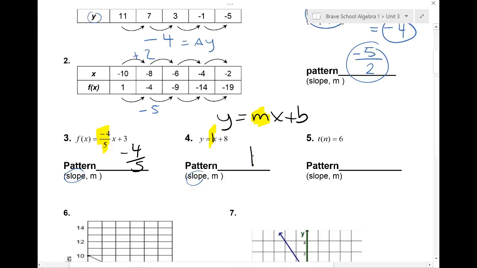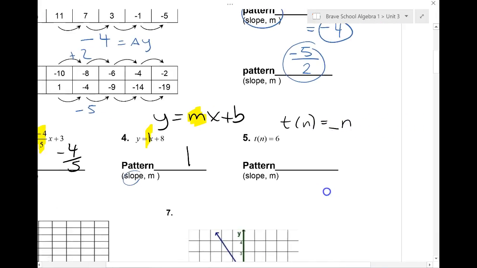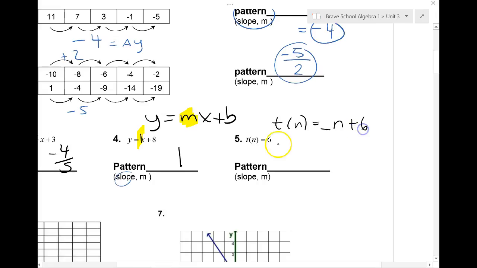Okay, now the next one, what you'll notice is that there's no variable on the right side of the equal sign, because usually it's t of n equals some number times n plus 6, but there's no number there. So what could that number be?